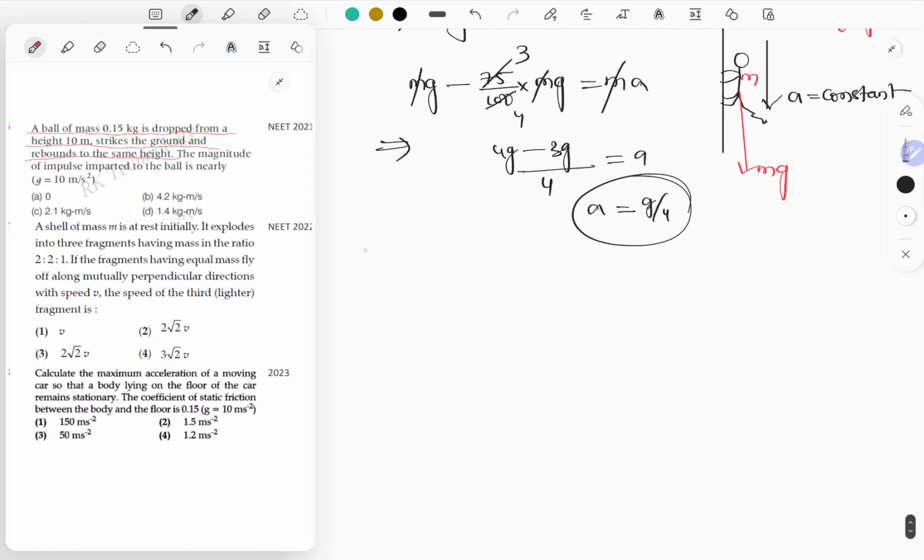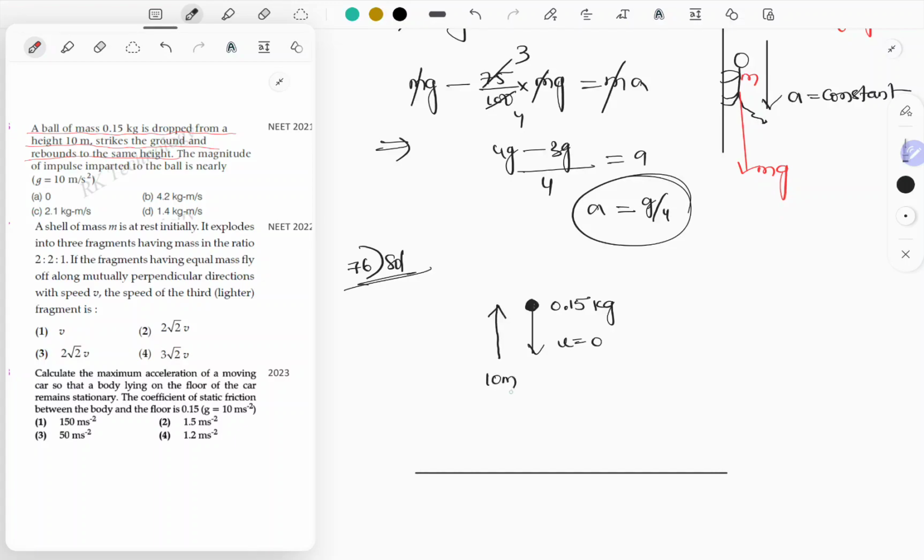Dropped means the initial velocity is equal to 0. What is the height from which it is dropped? It is dropped from a height of 10 meters.